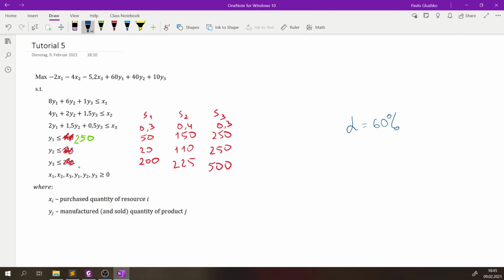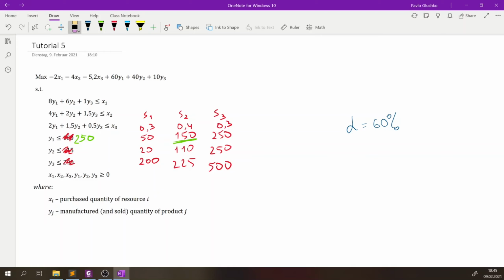But it doesn't guarantee that the constraints of scenarios 2 and 1 will not be violated, because y1 according to this right-hand side can still be, let's say, 250 or 200, and of course 200 is not smaller than 150, right? So such a right-hand side guarantees only that scenario 3 will not be violated.